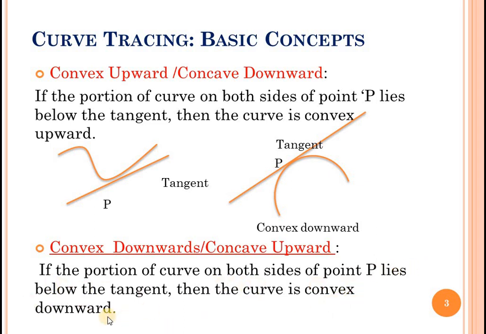So here it is convex upward: both sides of the portion lie above the tangent at point P. If you observe the second figure, both sides of the curve lie below the tangent, so it is convex downward.